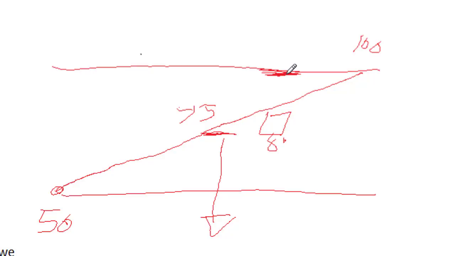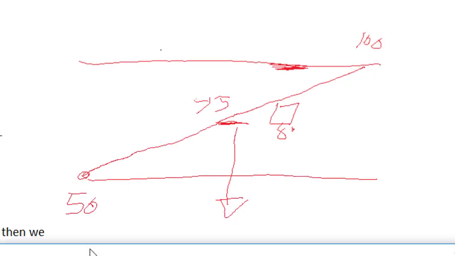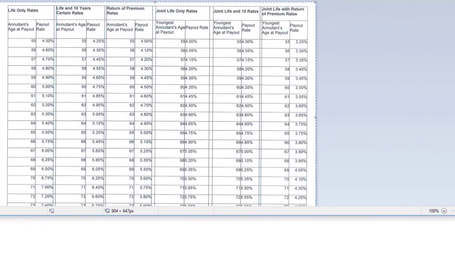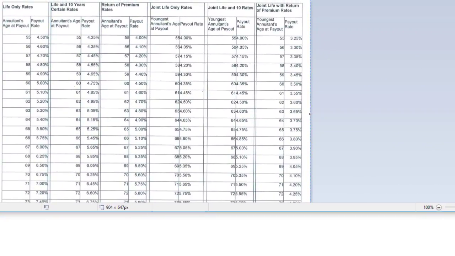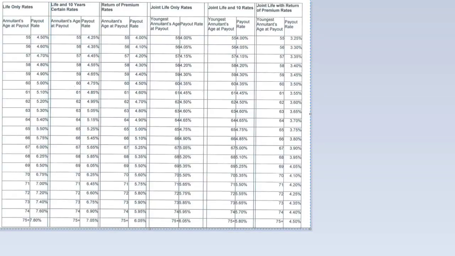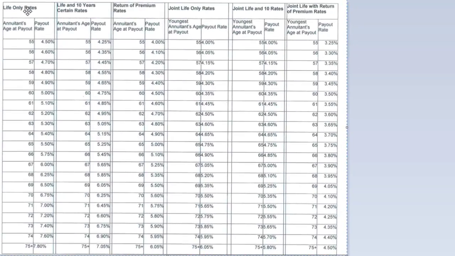Now, what's different is by including annuities with this, we can get an income. I'm going to show you this chart to maximize income; this is just a company we use. I'll zoom in on this. Annuities pay out at an age and they have a guaranteed rate.